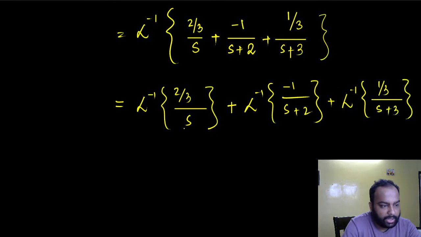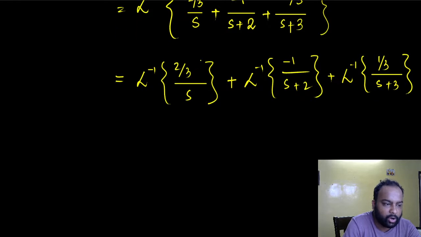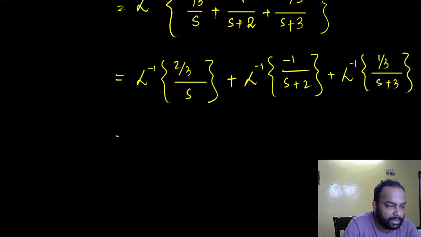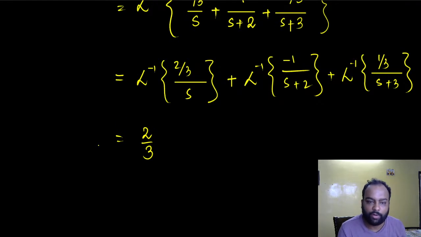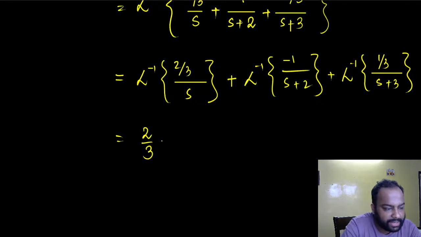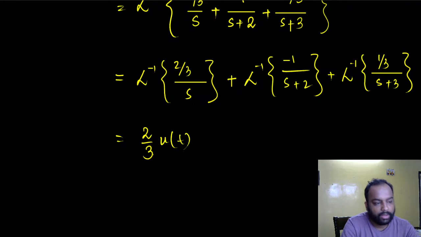Of course, 2 by 3 is a constant, so it can go outside. So that becomes 2 by 3, and we are left with the inverse Laplace transform of 1 by s. Since we are assuming causal systems, what is the inverse Laplace transform of 1 by s? That's u(t), because the Laplace transform of u(t) is 1 by s.